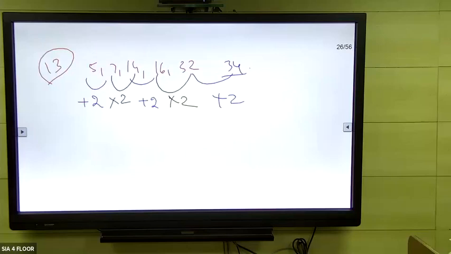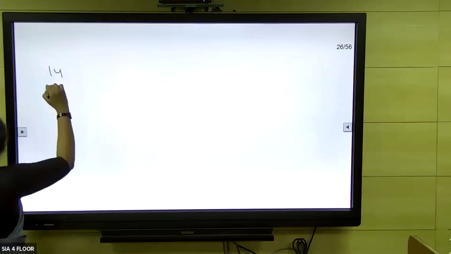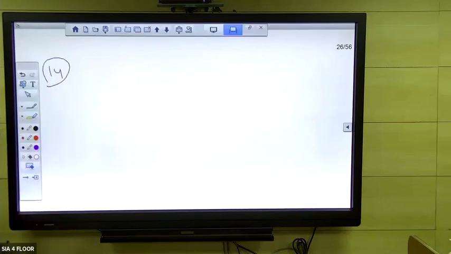Okay, next question. 14th one. Can anyone tell me the answer for the 14th one and with the logic? Type and let me know. Let me know, please.